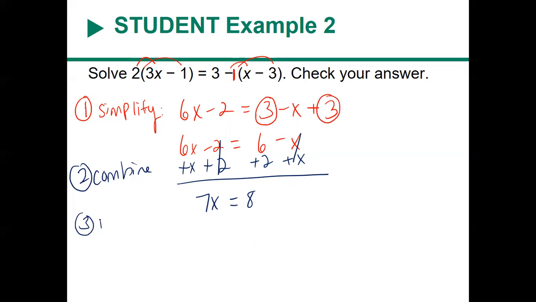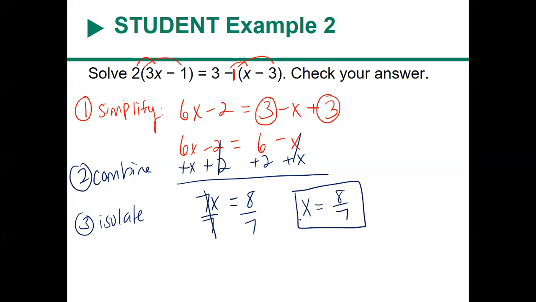Last step is to isolate. And what do I do to isolate? Divide by 7. So x equals 8 divided by 7, and fractions are our friends. Okay, if you're not confident in your answer, step 4 is to do what?